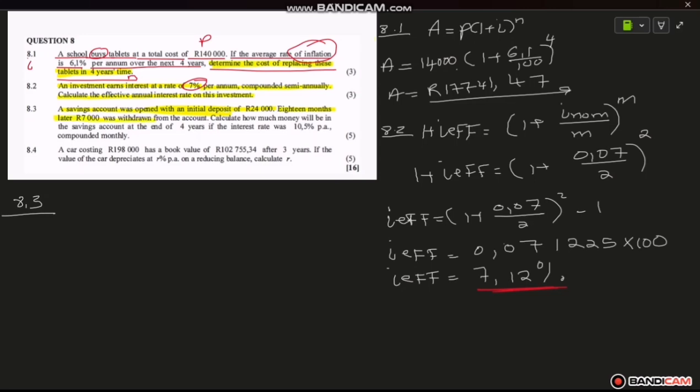So it's going to be minus from the initial deposit. Then they want us to calculate how much money will be in the savings account at the end of 4 years if the interest rate was 10.5% per annum compounded monthly.